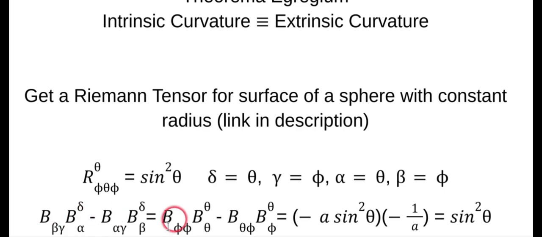We had all of these components. So if we follow these rules set by this one I chose, then we get this minus that, and these mixed ones now are all 0. So b phi phi is minus a sine squared theta, and b with the mixed indices is minus 1 over a. So you can see what this does. The negatives cancel, the a's cancel, and we get sine squared theta.